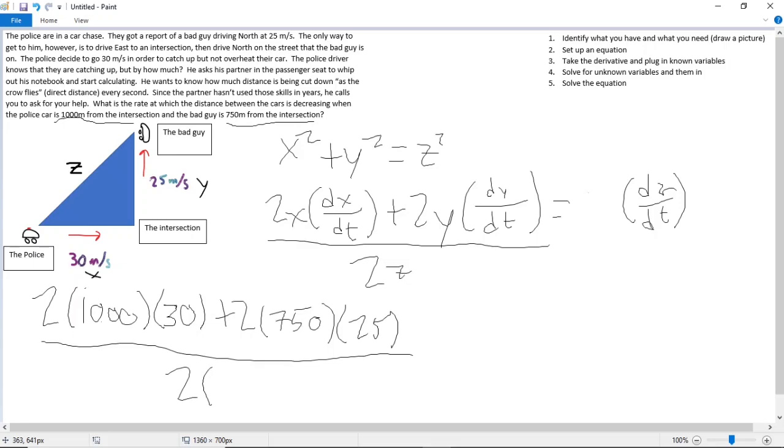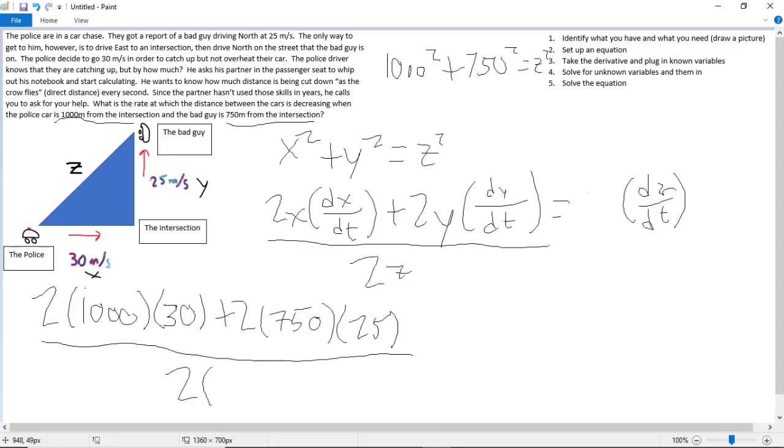So we need to use the Pythagorean theorem. I'll put it up top here. x is 1,000, so 1,000 squared plus 750 squared equals z squared. Let me just pull up my handy dandy calculator. 1,000 squared plus 750 squared is 1,562,500.